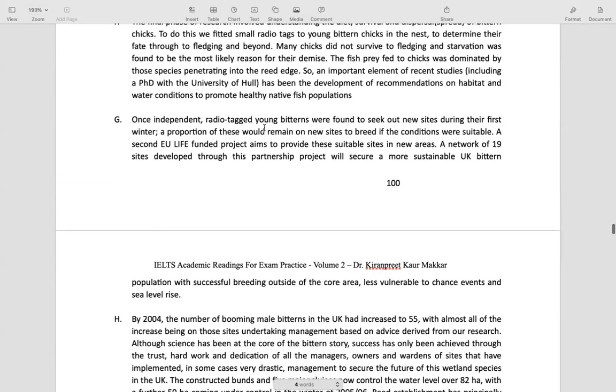Once independent, radio-tagged young. And what are they trying to do? They're providing funding to do what? To provide suitable sites in new areas for which birds? For these young birds. So aren't they trying to protect them by providing suitable sites for them? Yes, sir. I think this can be an answer.